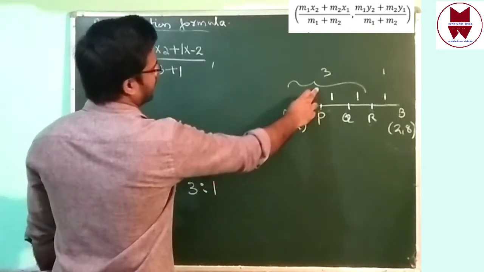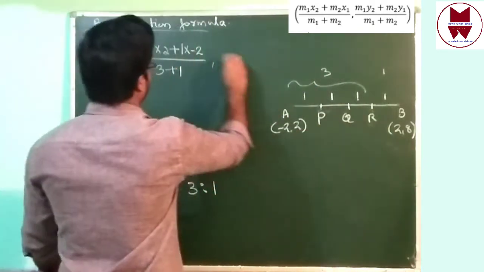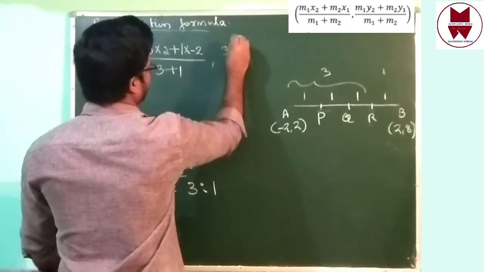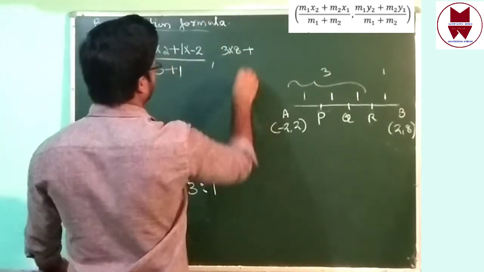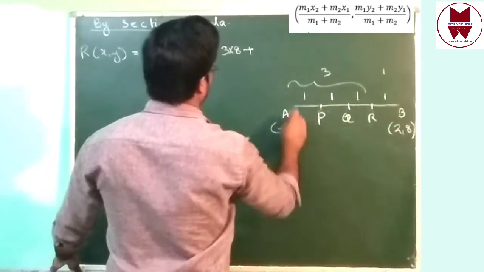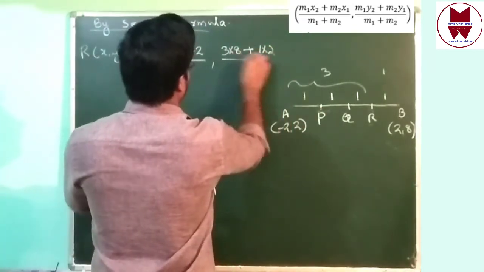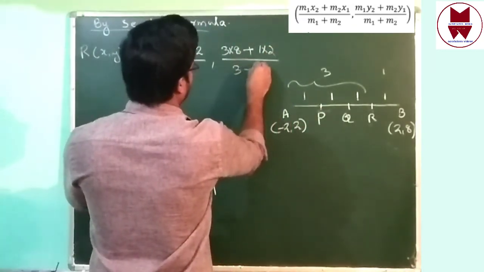Then M1 into Y2, that is 3 into 8, plus 1 into 2, divided by 3 plus 1.